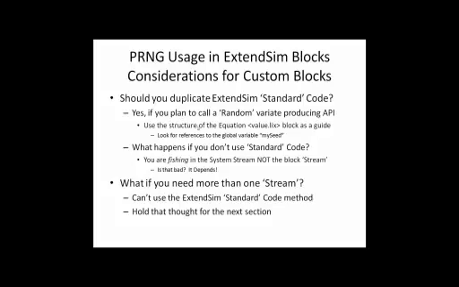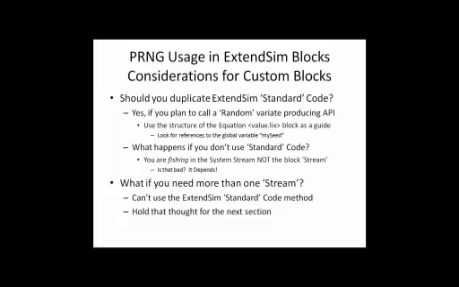Okay, so some of the considerations for custom blocks here. If you're building a custom block which needs to call a random variable producing API, you should make the effort to isolate the custom block's stream from the system stream. The structure of the equation block in the Value library will give you a good reference for how this is done.